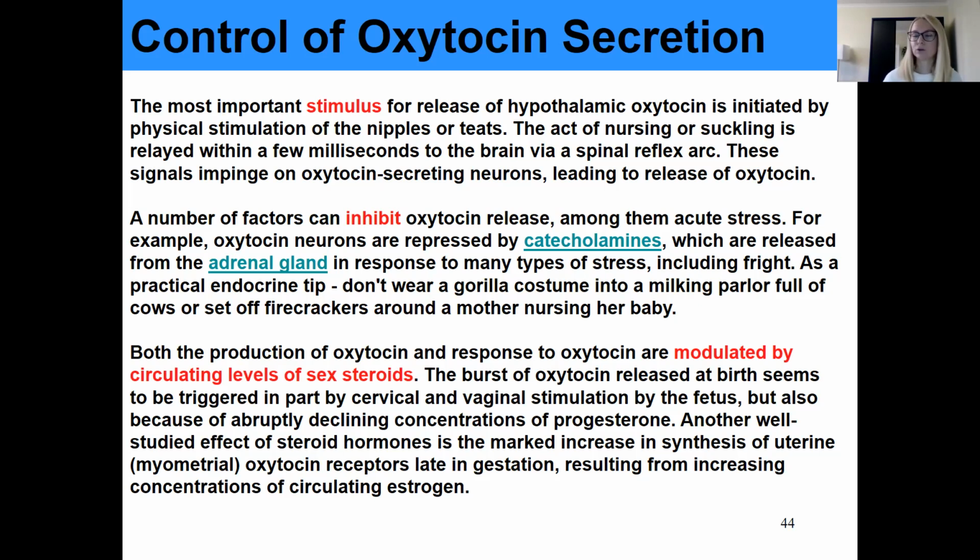Another well-studied effect of steroid hormones is the marked increase in synthesis of uterine oxytocin receptors late in gestation, resulting from increasing concentrations of circulating estrogen.